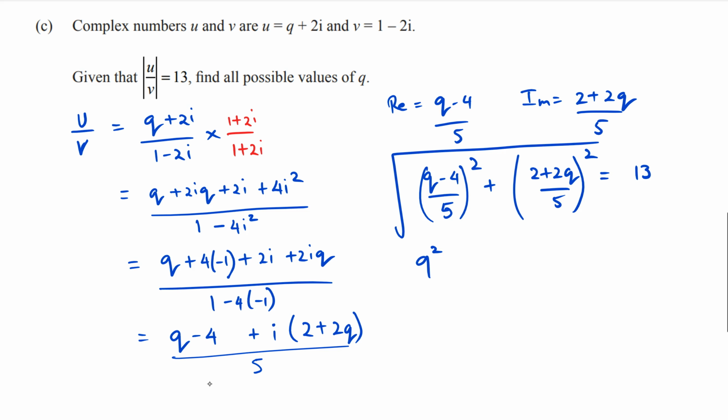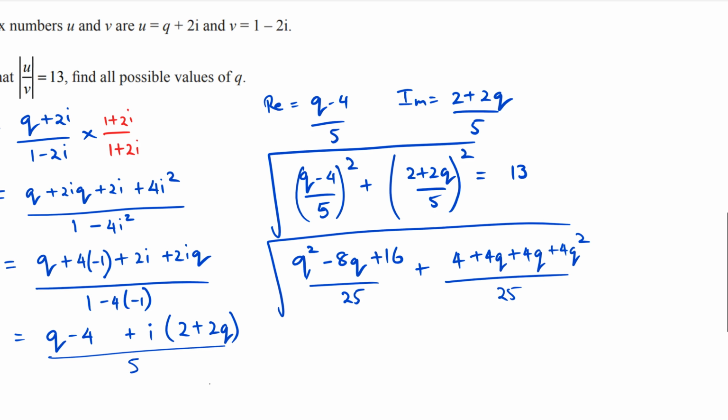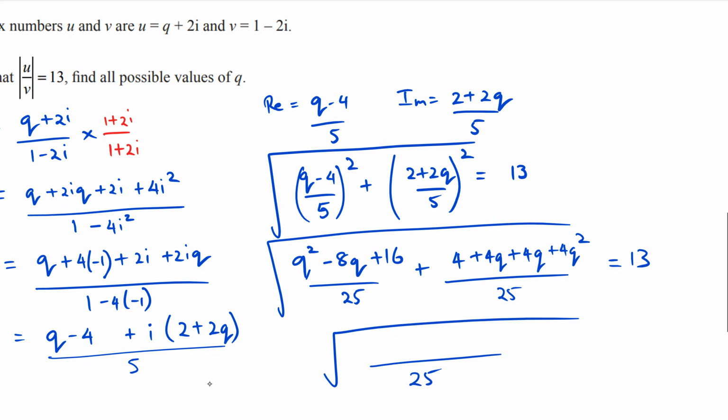So I'm going to get q squared minus 8q plus 16 over 25, plus 2 times 2 is 4, plus 4q and 4q squared over 25, and of course the square root of all of this is still equal to 13. So I'm going to simplify whatever's inside the square root.